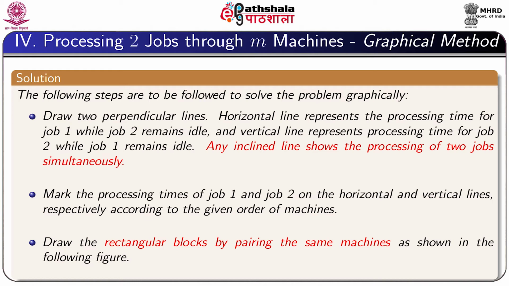In the first step, we will draw 2 perpendicular lines. The horizontal line represents the processing time for job 1, while job 2 remains idle, and the vertical line represents the processing time for job 2, while job 1 remains idle. Any inclined line shows the processing of 2 jobs simultaneously.